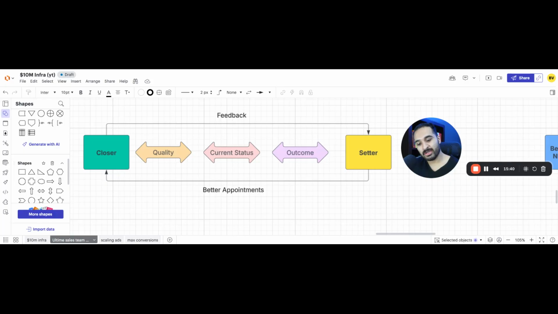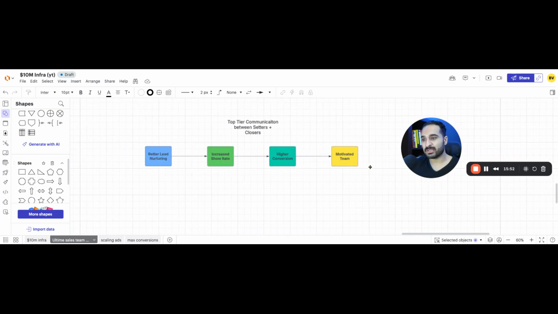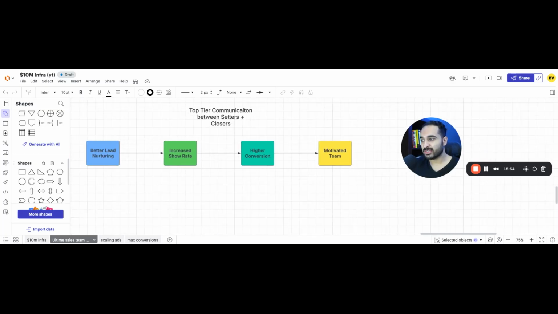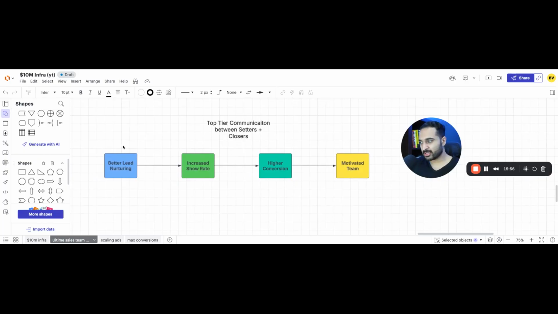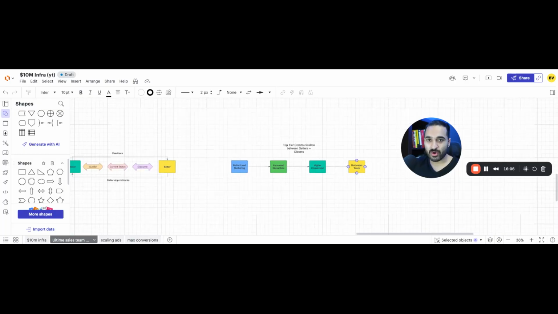Hey, setter, such and such told me your appointments were not showing up, or there was no urgency, or whatever the case. You can help the setter improve that, but don't cut off communication, because solid top-tier communication between setters and closers equals better lead nurturing, which equals increased show rate, which equals higher conversion, which equals a motivated team. And it's a win, win, win, win, win all around.